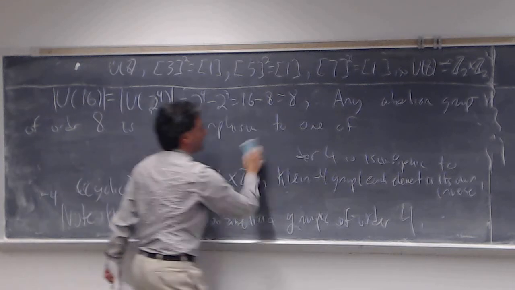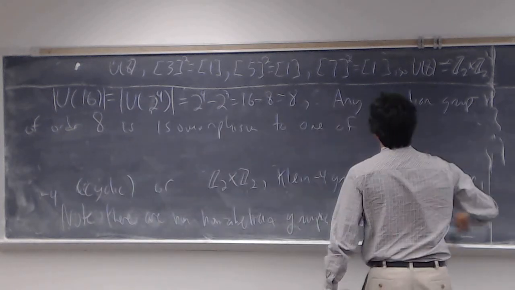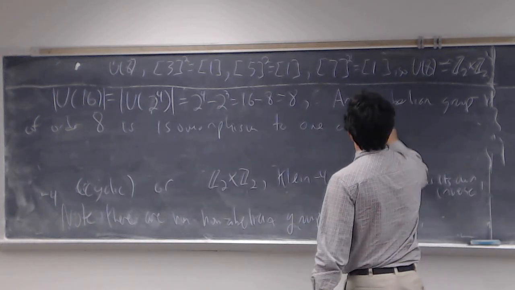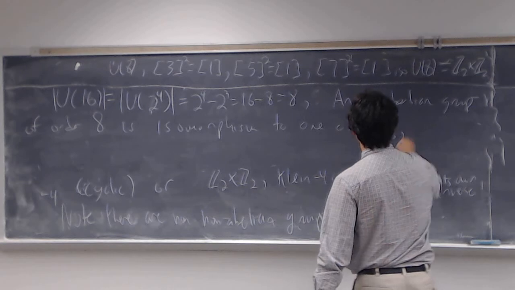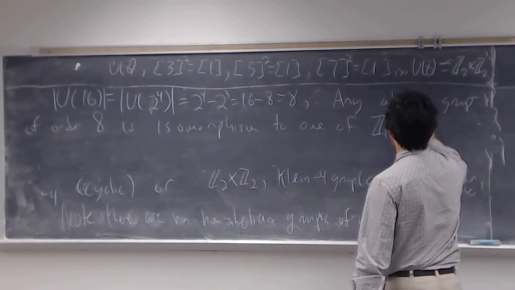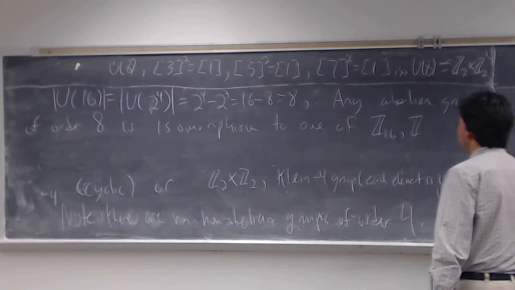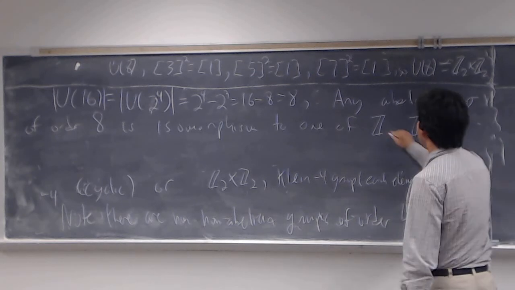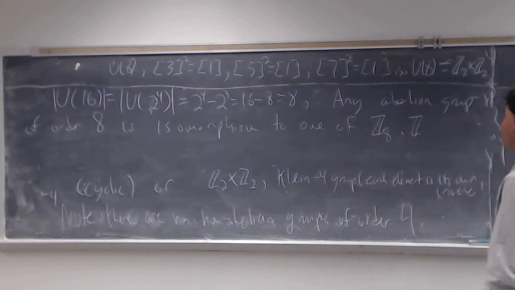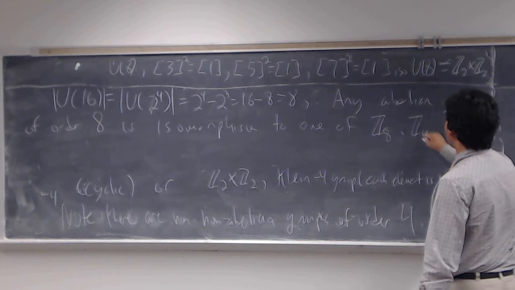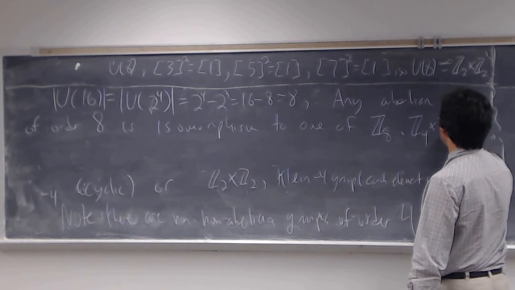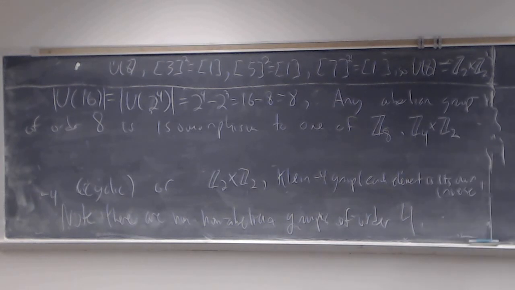which one? Well, let's see. It could be a cyclic group, Z8, the 8-element cyclic group. You could look at the product of the 4-element cyclic group with the 2-element cyclic group.